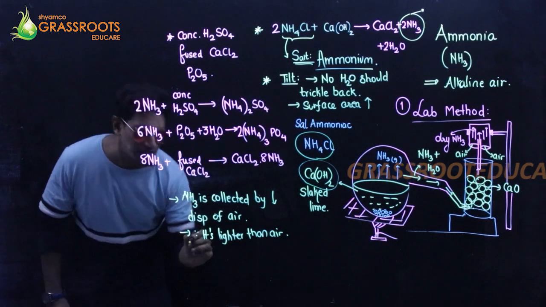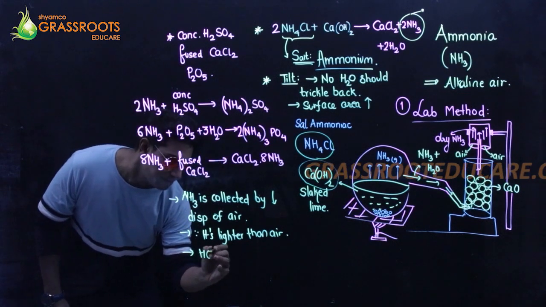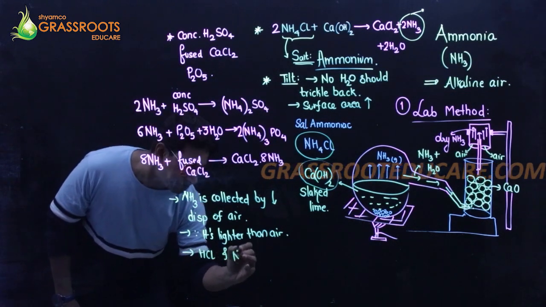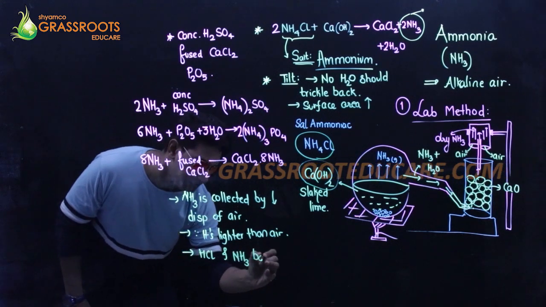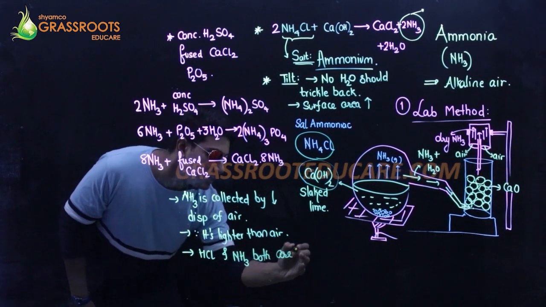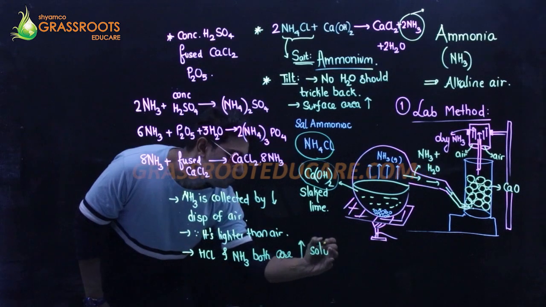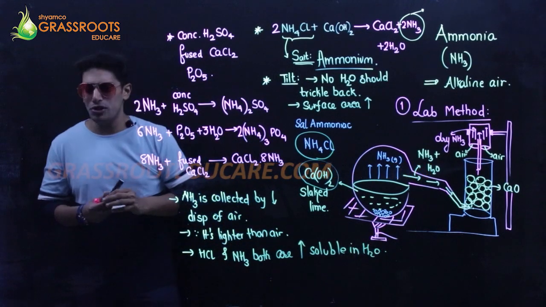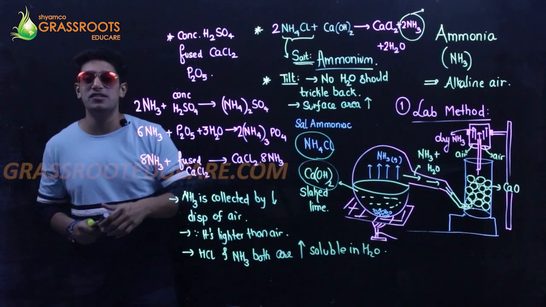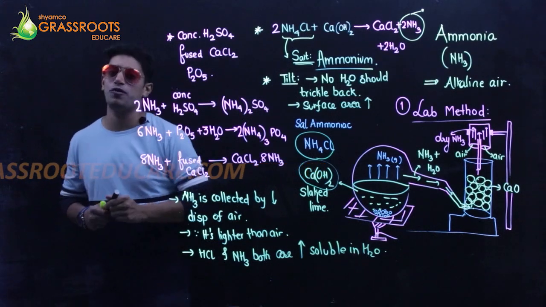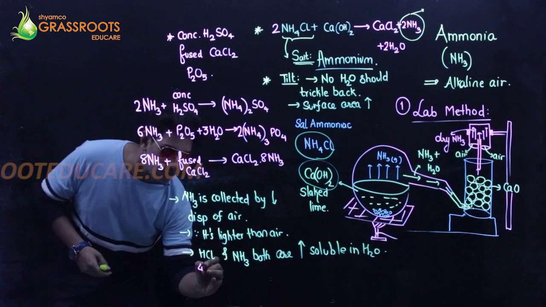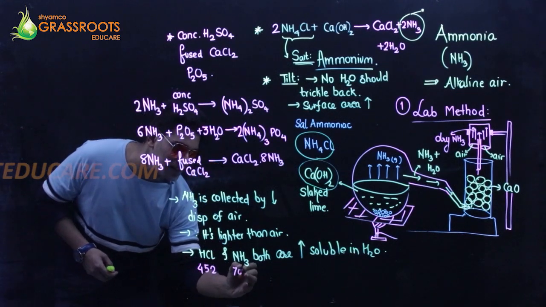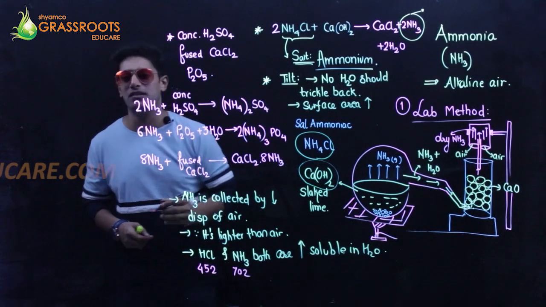I can say HCl and ammonia both are highly soluble in water. One volume of water dissolves 702 volumes of ammonia. HCl was only 452. This is 702, beaten the record.